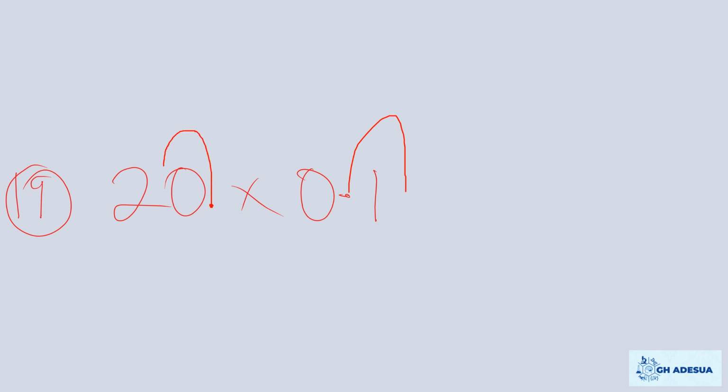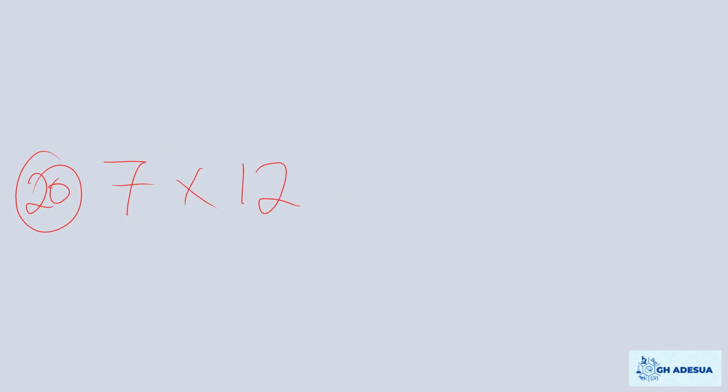You move one step this way. So the answer will be 2.0, which is the same as 2. The last one is 7 times 12. That is 84. Great.